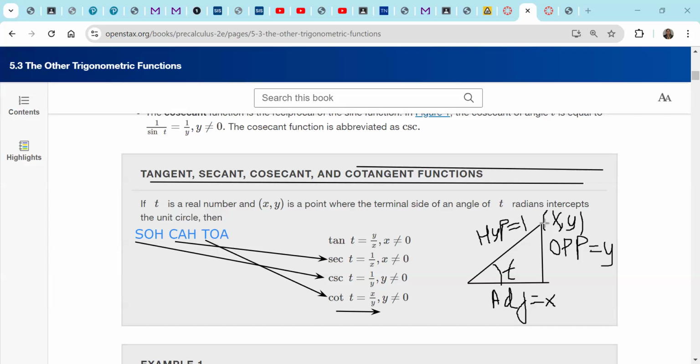This triangle is taken from a point on the unit circle. If there is a point xy on the unit circle, this side will be x, this side will be y, and this will be 1 because it's a unit circle. Then applying SOHCAHTOA rules, I indicated the formulas from here for secant, cosecant, and cotangent.